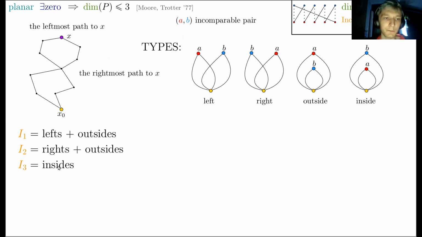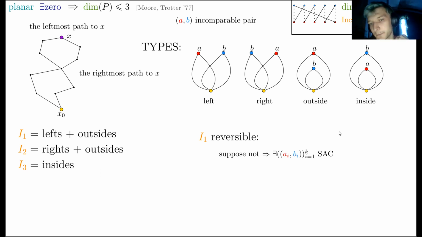Okay, so let me prove that each of these sets is reversible. We will start with I1. If it's not reversible, this means that it contains a strict alternating cycle of some length, which we don't know. What is this length?